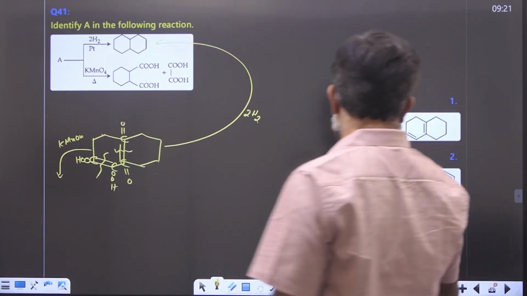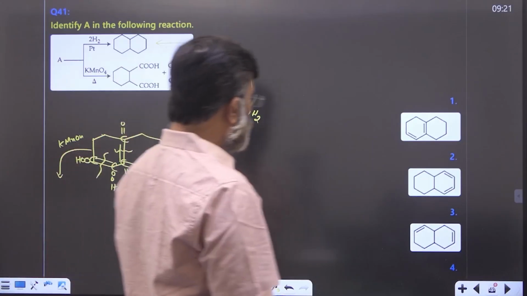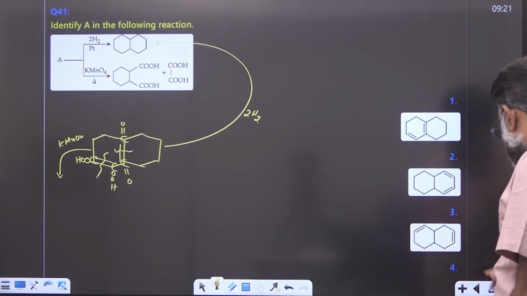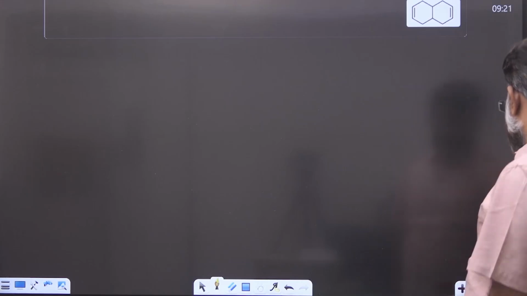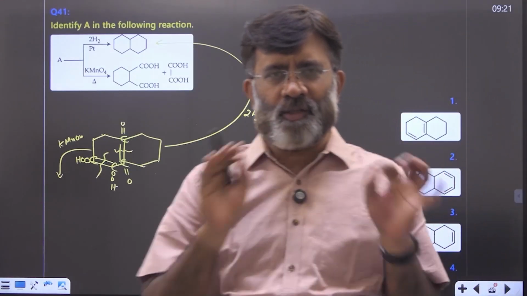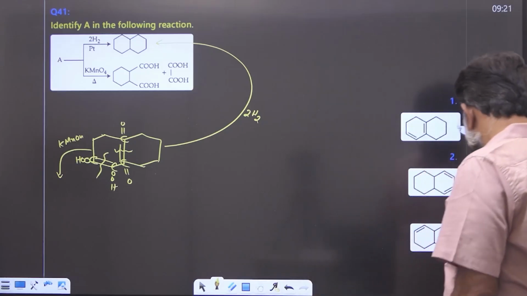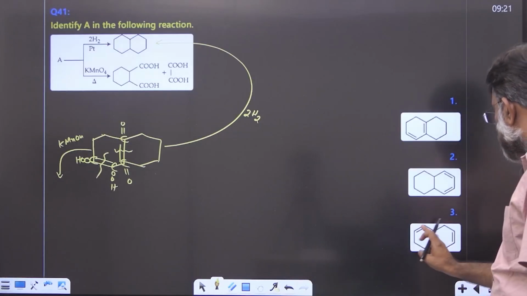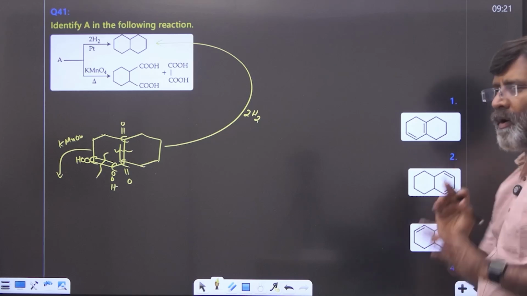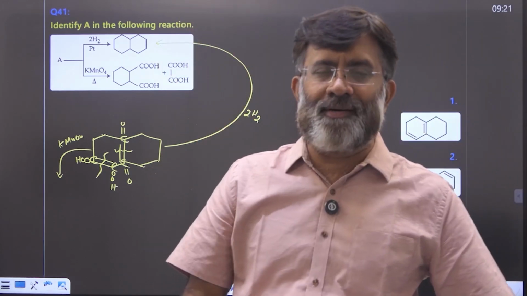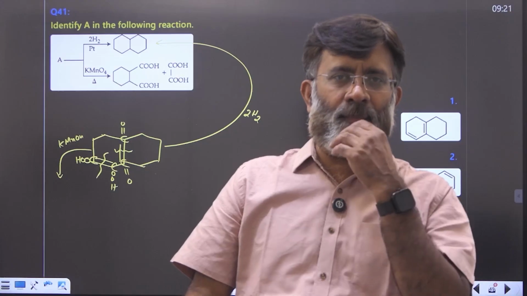What about option 2? In fact, option 1, 2, 3 and 4, all choices are fit for the first reaction. Look at option 4 also, there are two double bonds. All the choices are fit for the first reaction with hydrogen, nickel or platinum.